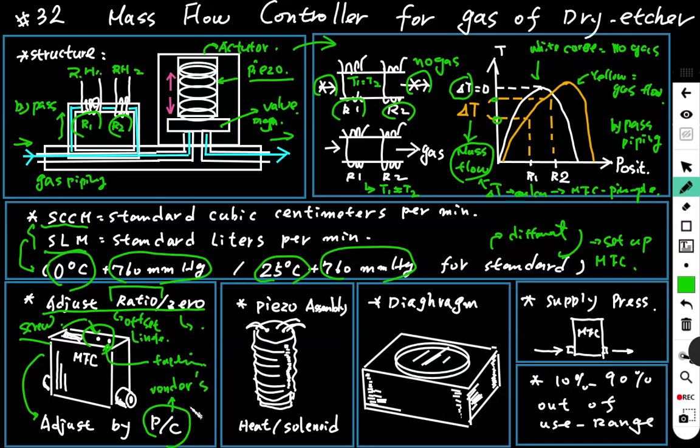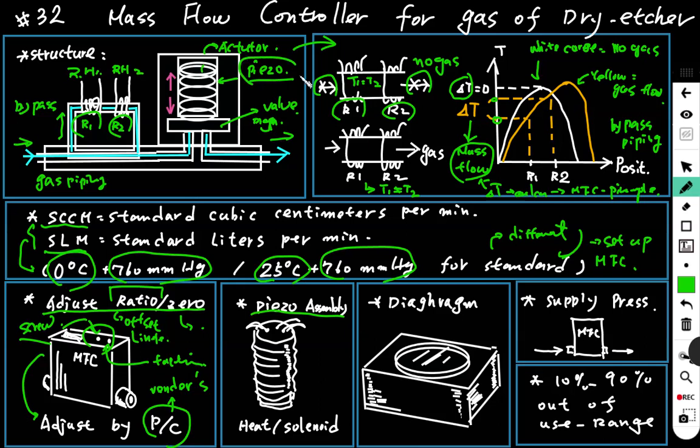Some days you cannot fix it just by adjusting. You can renew a new one if you have spare parts. But if you have no spare parts and you cannot get one very quickly, you can remove the cover and see the piezo assembly, just like this part.